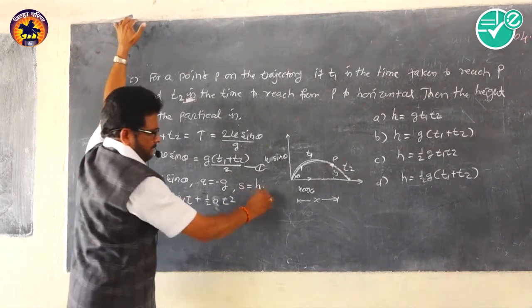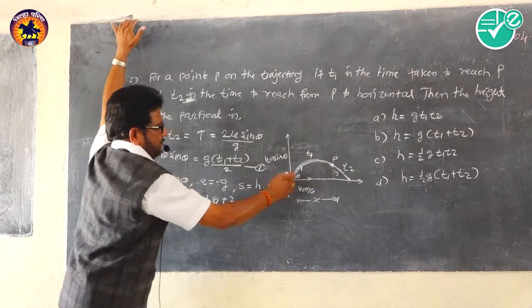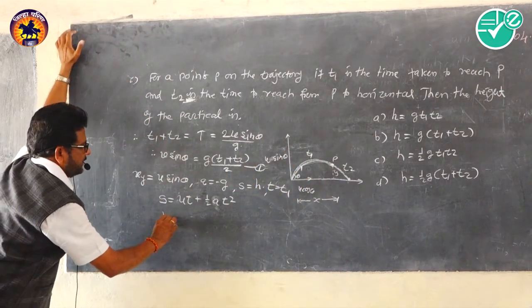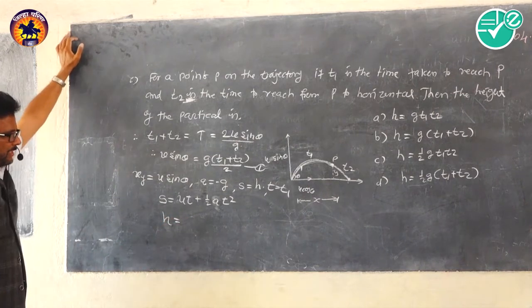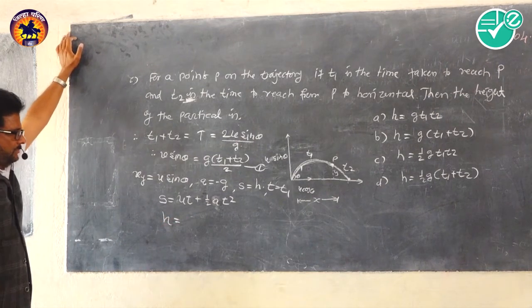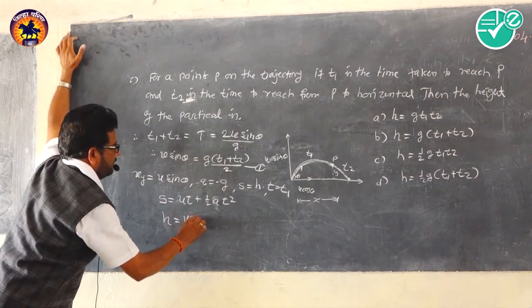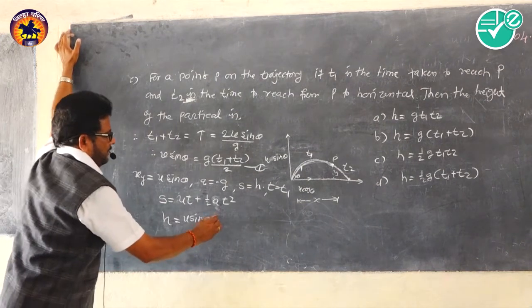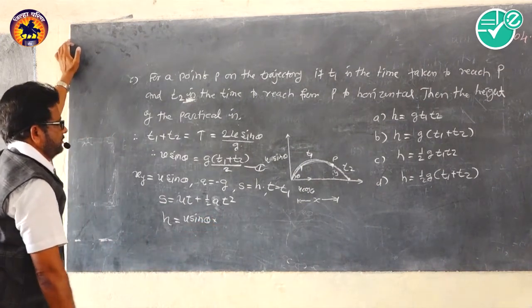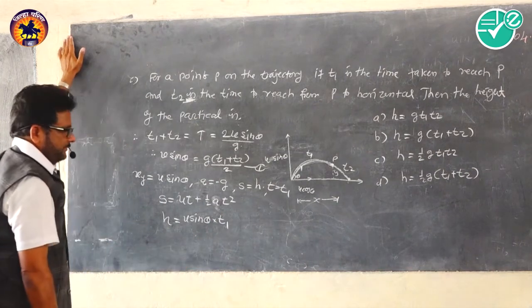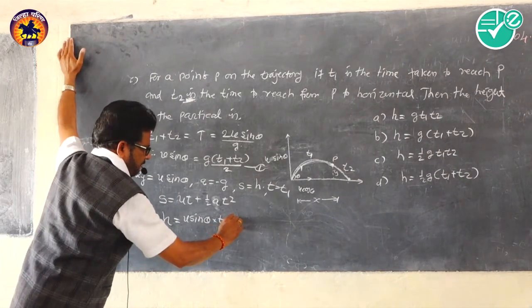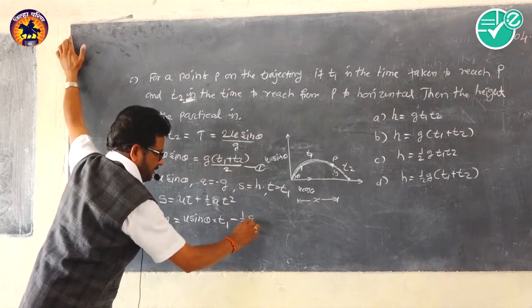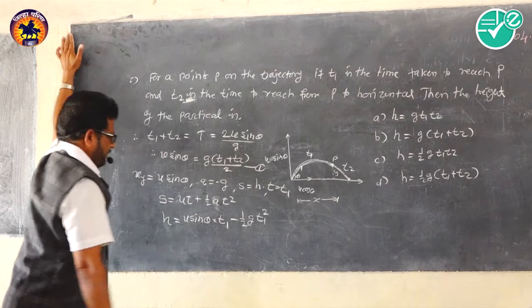Here time is t1 for this. So S is equal to H equal to u sin theta into T1, plus, that is here minus, half g T1 square.